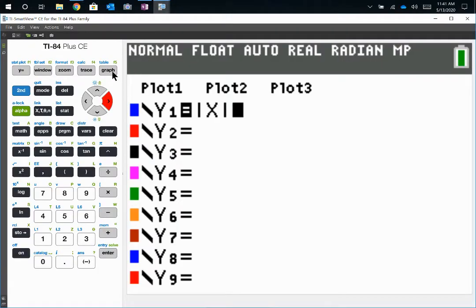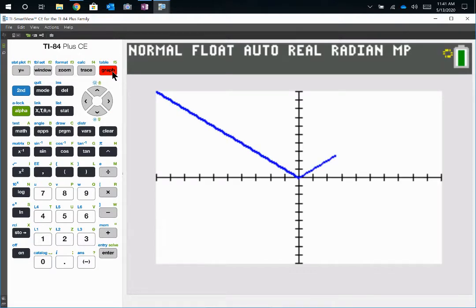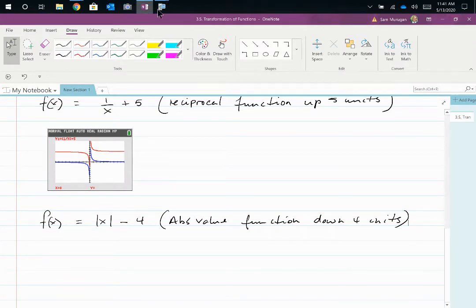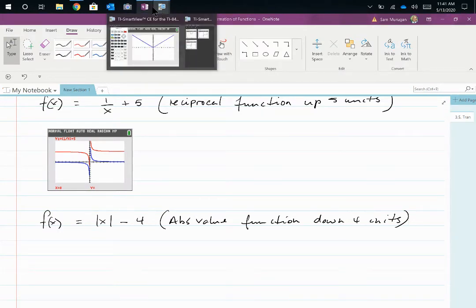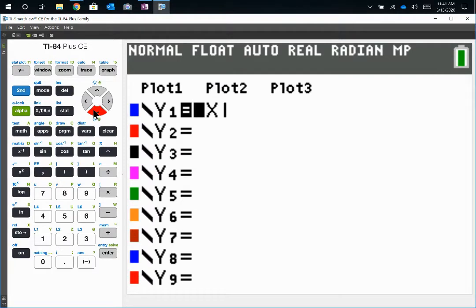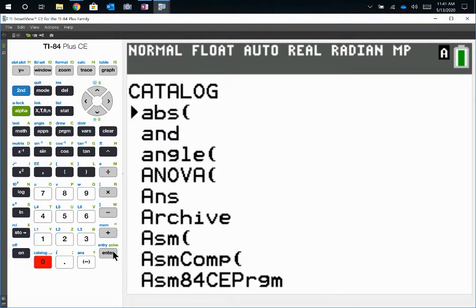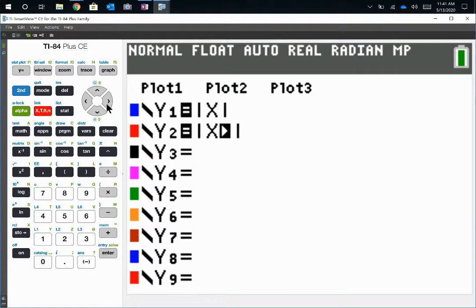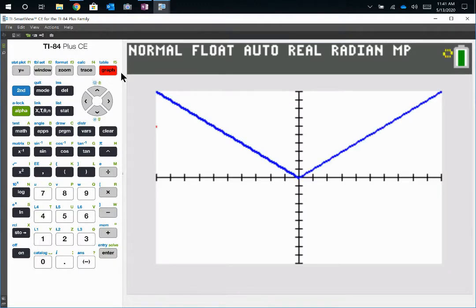So I have my absolute value function graphed. And then if I wanted to shift this function 4 units down, again, I would use my calculator. Type in my absolute value sign, put in my variable, and subtract 4 from it, and graph it. And there I could see the absolute value function shifted 4 units down.